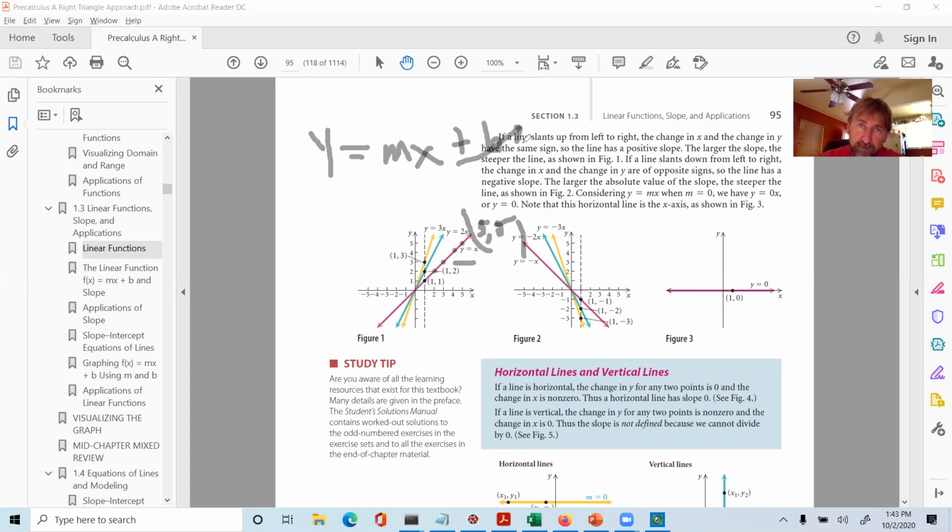It goes right through the origin. So now we're just left with the equation y equals mx. The multiplier in front of the x is the slope. Well, what is our equation? Our slope is 1. If m equals 1, y equals x.